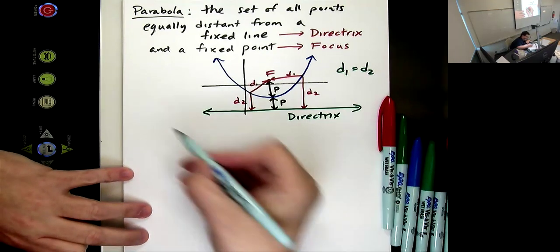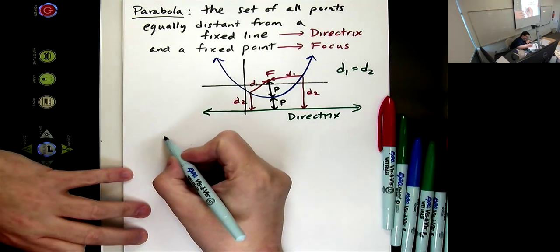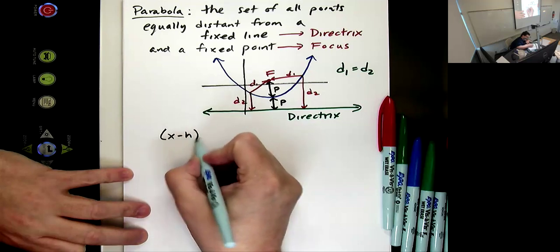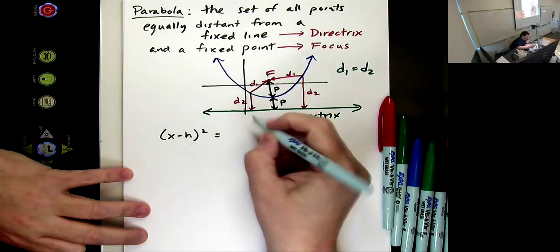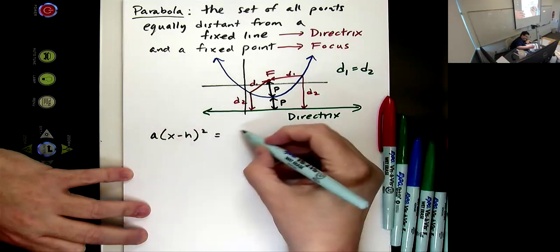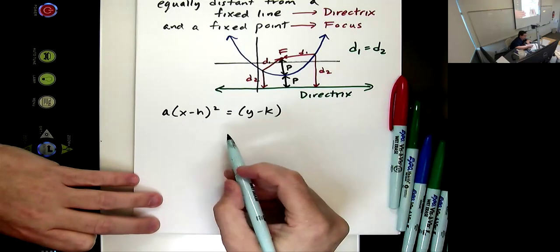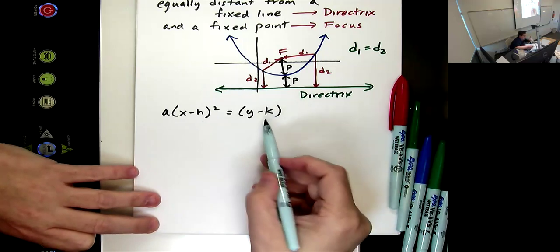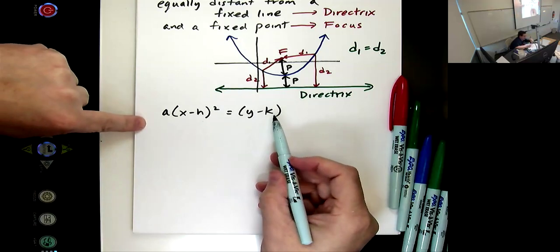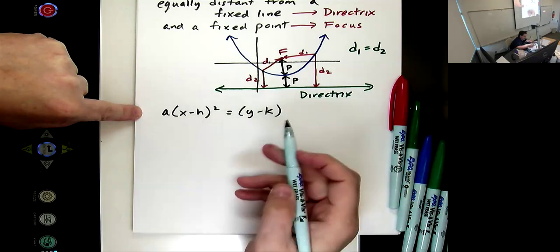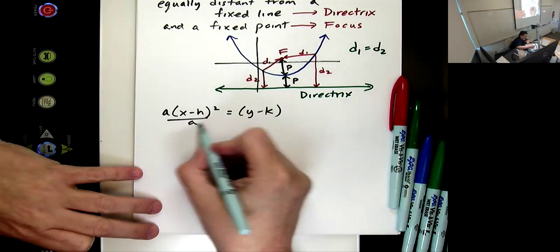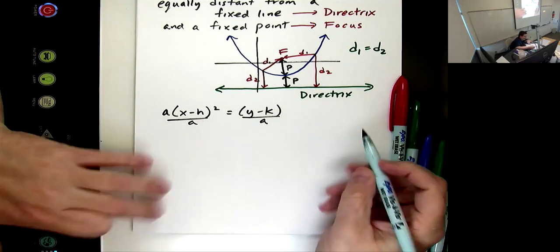And the way you find it is if we're looking at x minus h squared equals a times y minus k. That's like the way we started earlier with just the k on the other side. Divide by a.